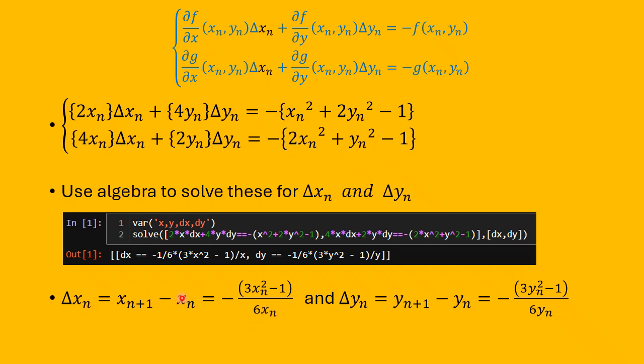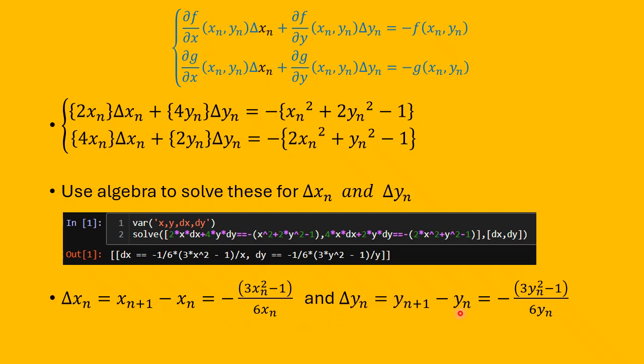Delta x sub n is equal, remember, to x sub n plus 1 minus x sub n. So if we solve this equation for x sub n plus 1 by just adding this x sub n to both sides of this equation, we can get what x sub n plus 1 is.